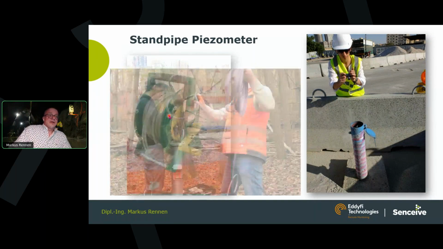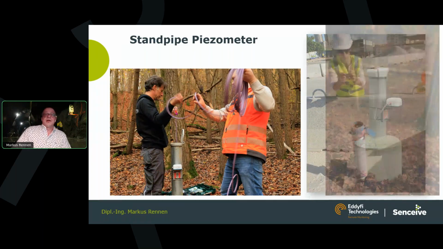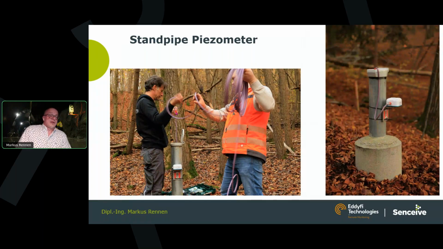But also this on the left is a picture from a recent installation above the Holstein tunnel in Germany, where a number of boreholes, water level boreholes, or groundwater wells were installed above the alignment of the tunnel, and now permanently the water level is observed by piezometric vibrating wire sensors.